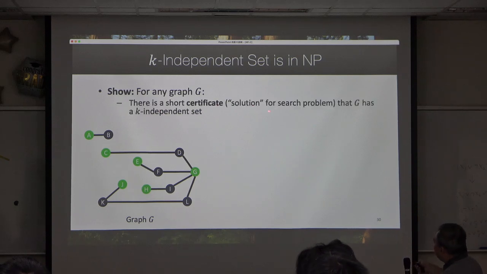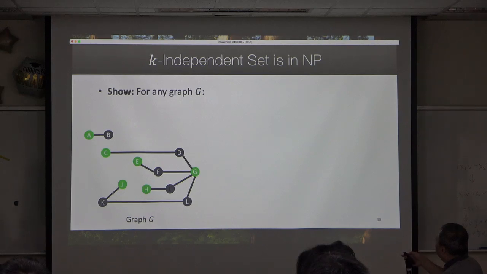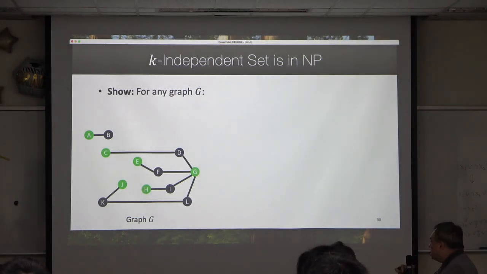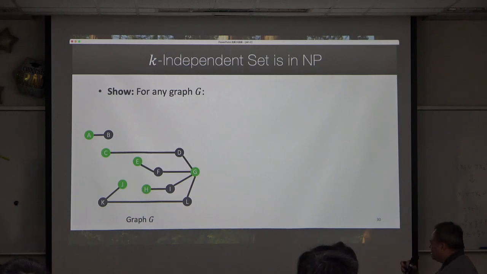Oh, it doesn't have, it does not have the definition of this problem. Basically, independent set is the subset of the vertices such that, okay, all the vertices are, what should I say?